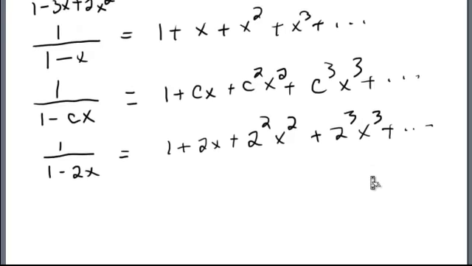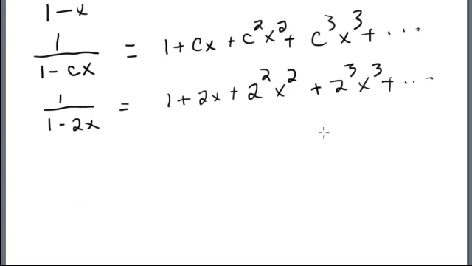Now, what I want to do is look at this sum of fractions: 2 over 1 minus 2x minus 1 over 1 minus x. And we talked about how to add fractions.